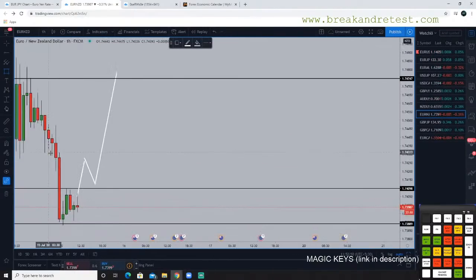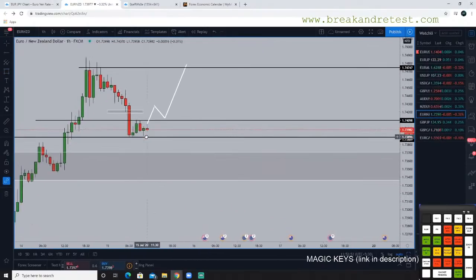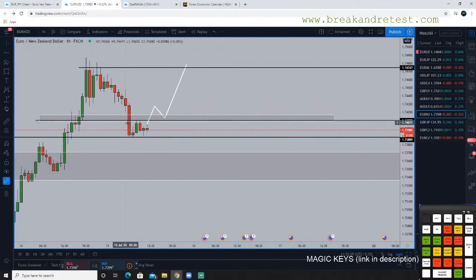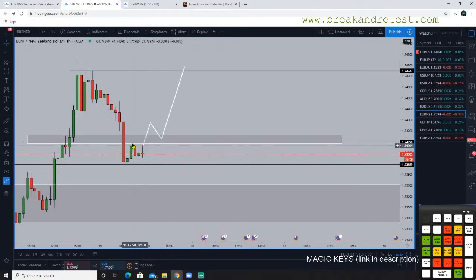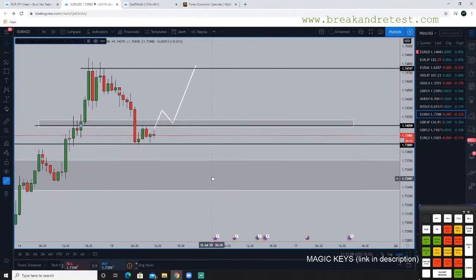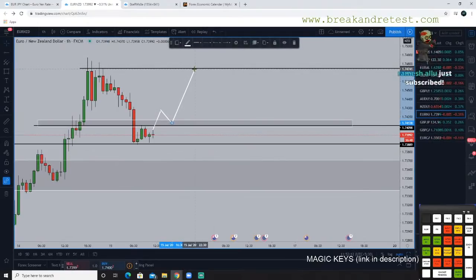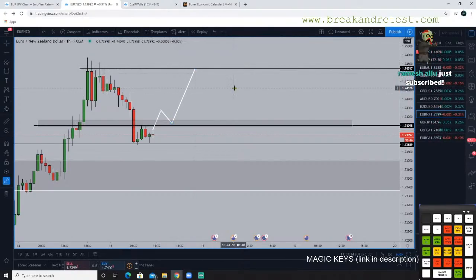Price closed above here, made a small retest and continuation, and when price came down, closed below, you can see this bearish candle, made a retest and continuation. So you can expect the same. If price closes above, a small retest and continuation to the upside would be very good and easy.